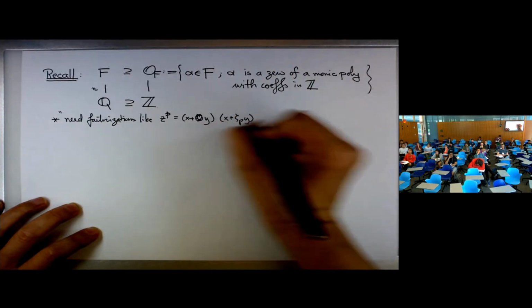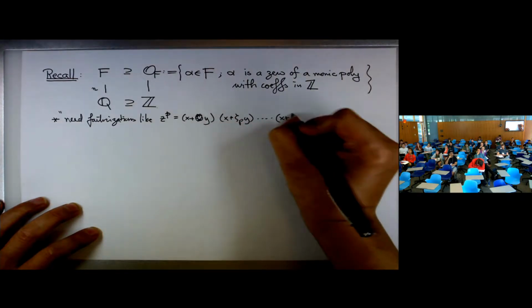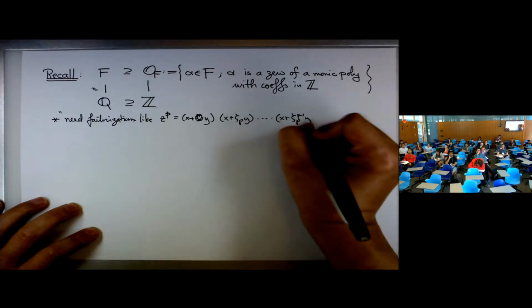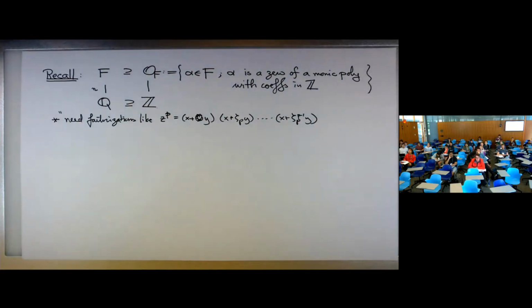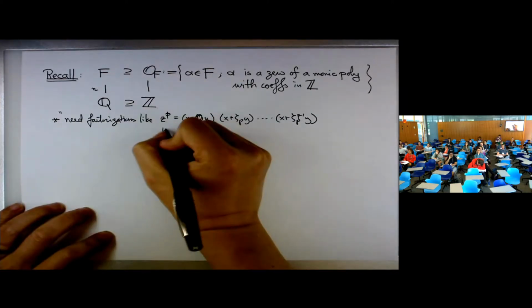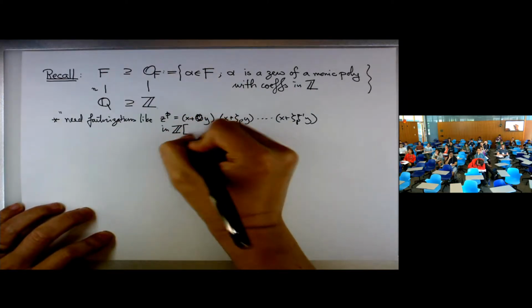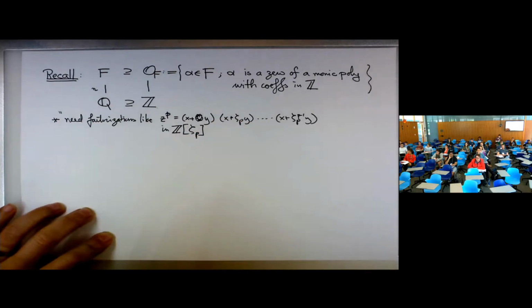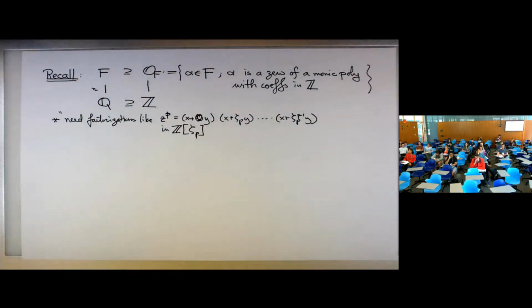Remember, the first step we tried to approach Fermat's last theorem was to factor things like this. And later on we want to factor z, x and y. But this factorization exists in this ring of integers Z adjoint zeta_p, where p is an odd prime.